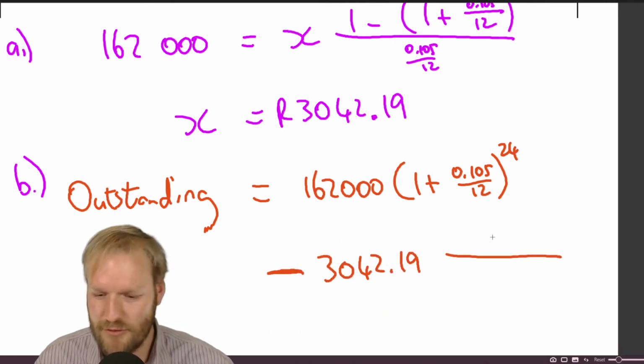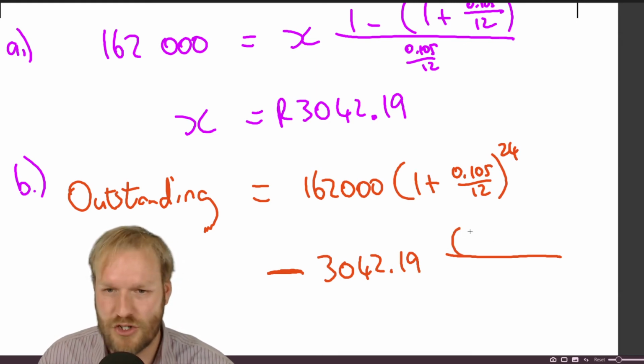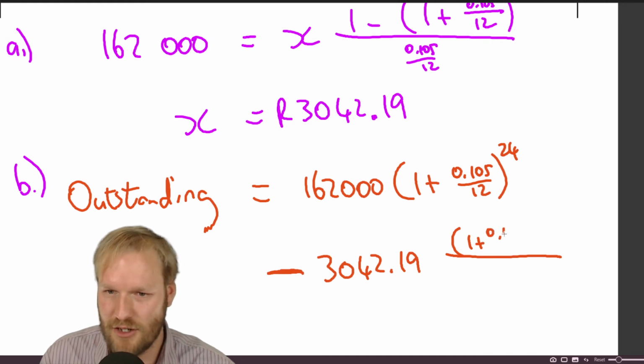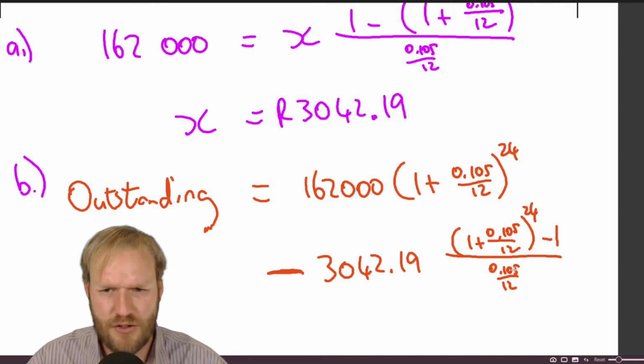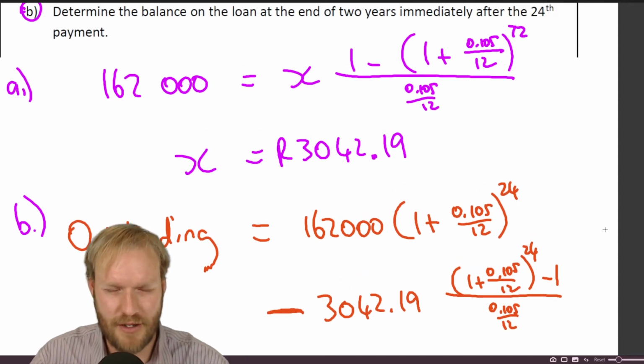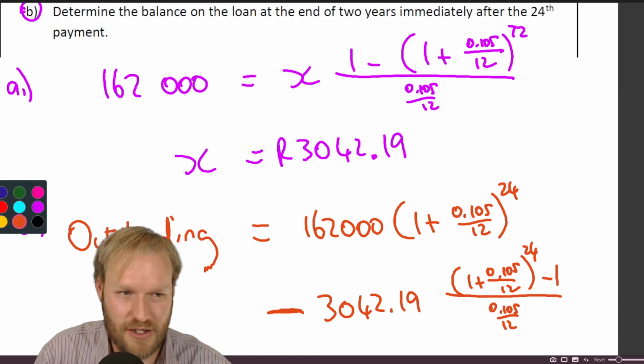So let me move out of the way and put that back into our formula: 1 plus 0.105 over 12, minus 1, to the power of 24, over 0.105 over 12.